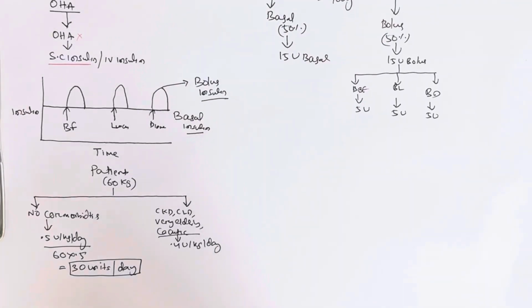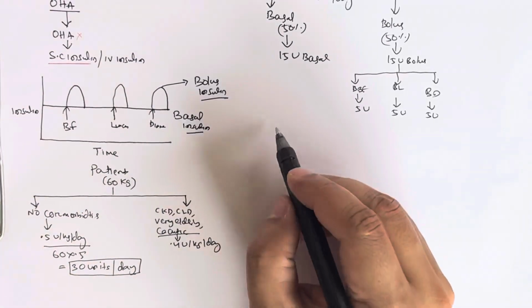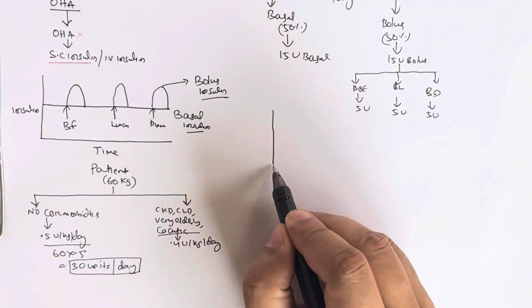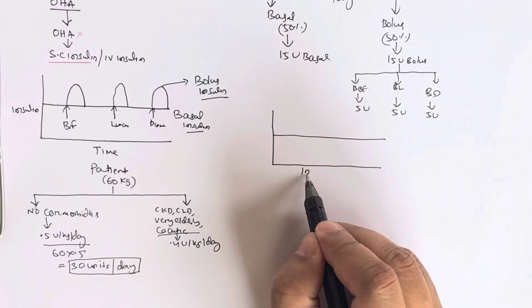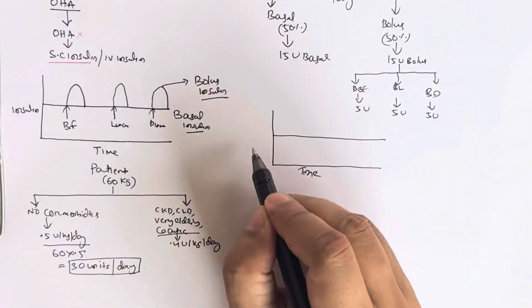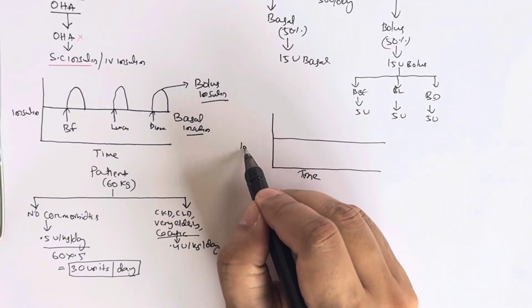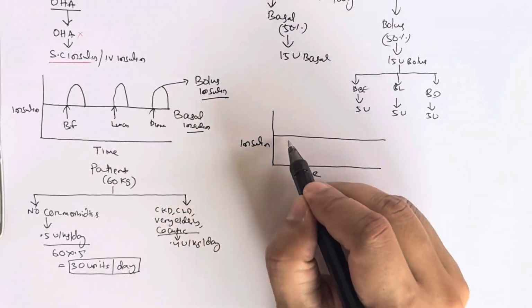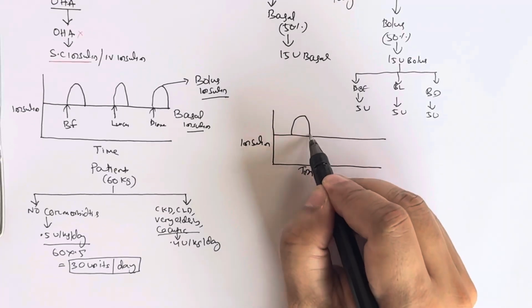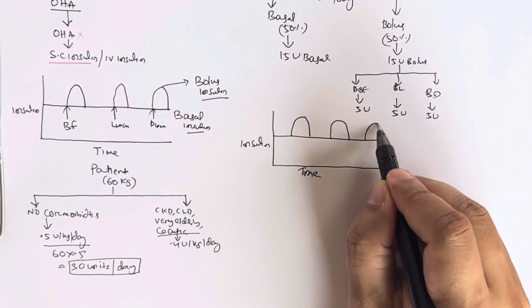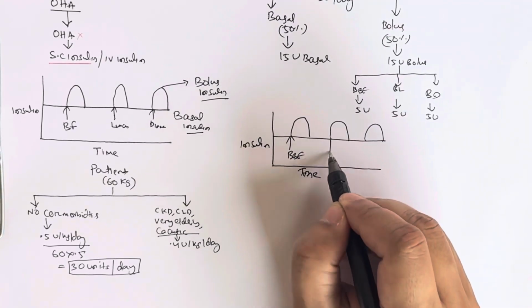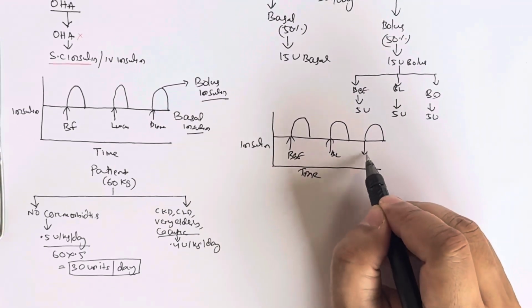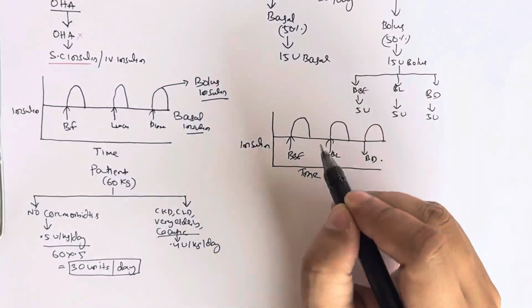Let's see an example. We'll take the same graph. This is time, this is insulin, this is basal insulin, this is postprandial insulin. This is before breakfast, this is before lunch, this is before dinner.